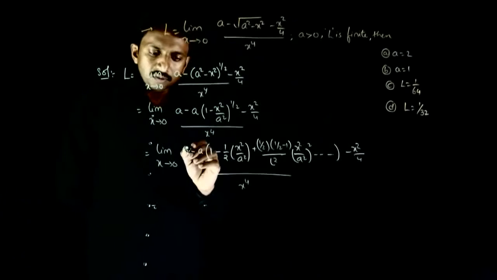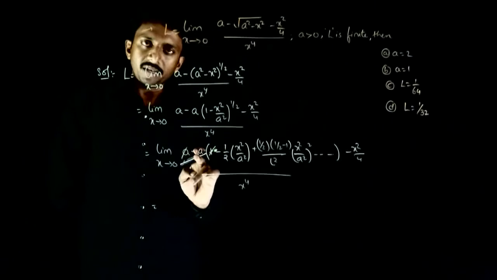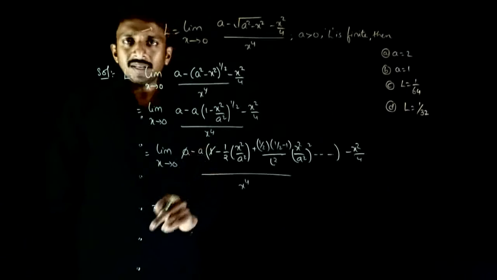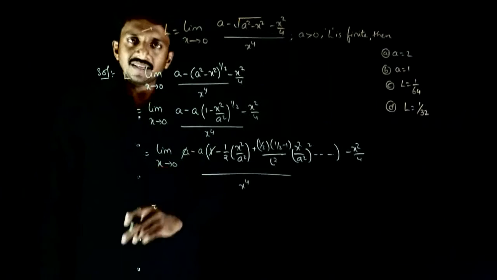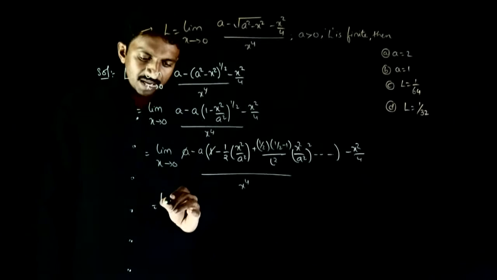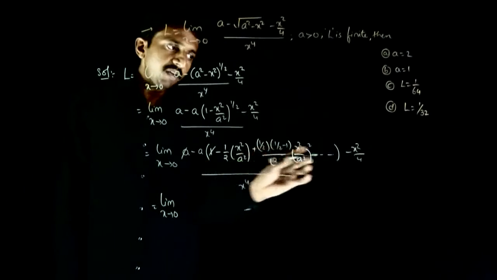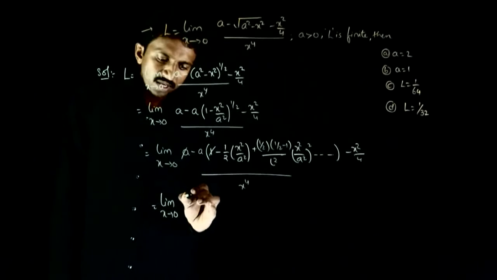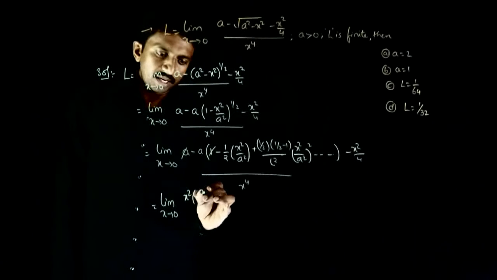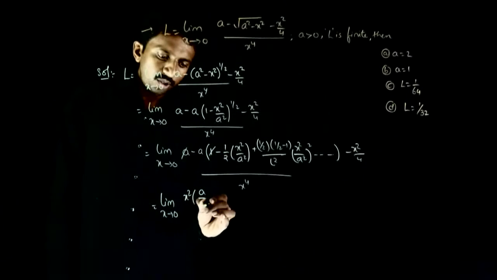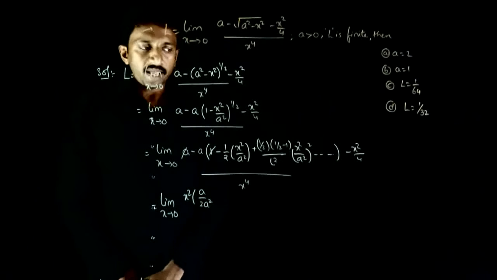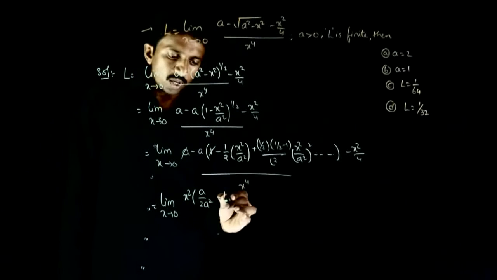So that is equal to, the most of the question is done now. See, a and minus a cancel, minus a into 1 is minus a, so a minus a is getting cancelled out. After this, limit x tends to 0, you have an x square term here and here. So with x square you get a by 2a square, and with x square minus 1 by 4.